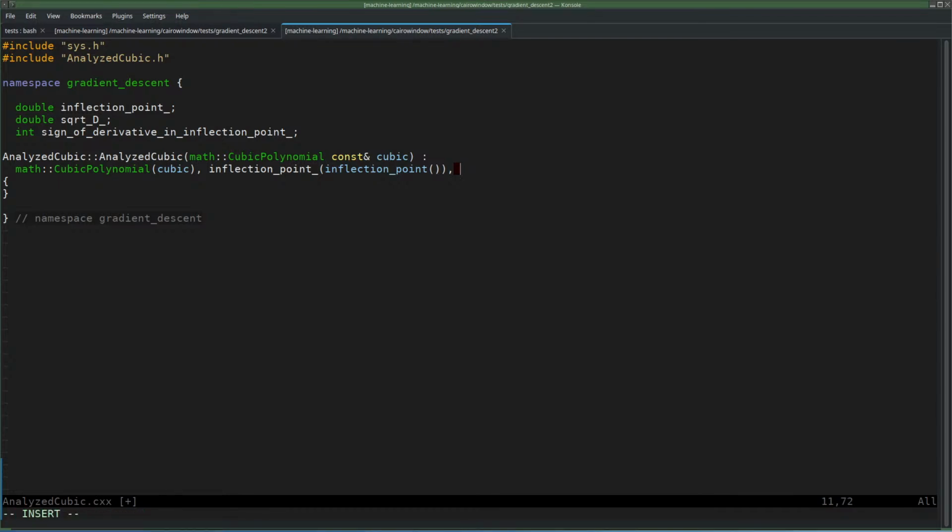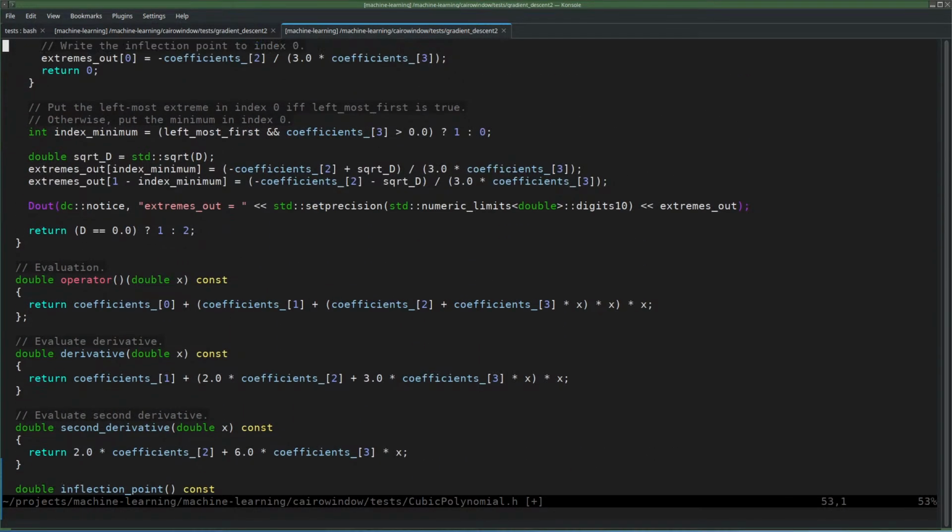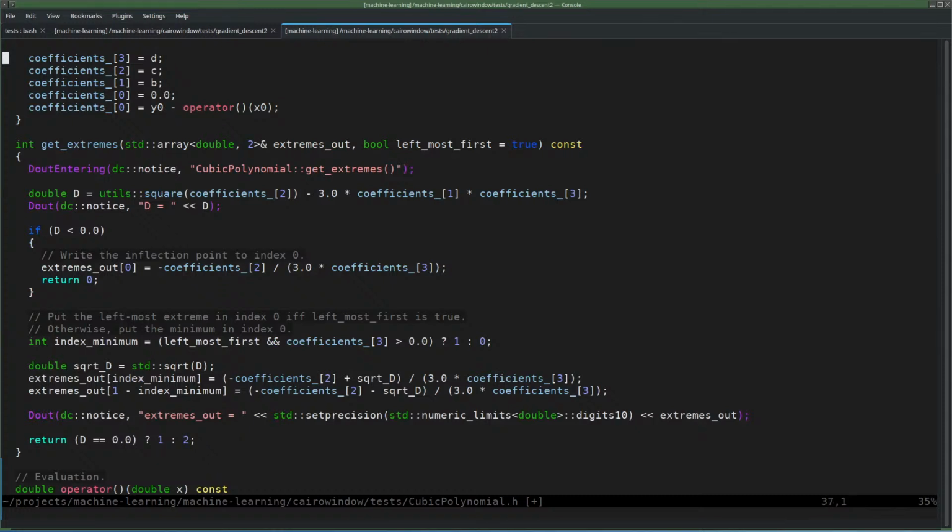Square root of d is that, the square root of this thing.